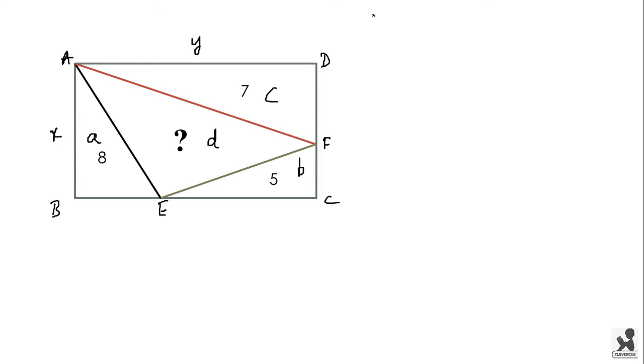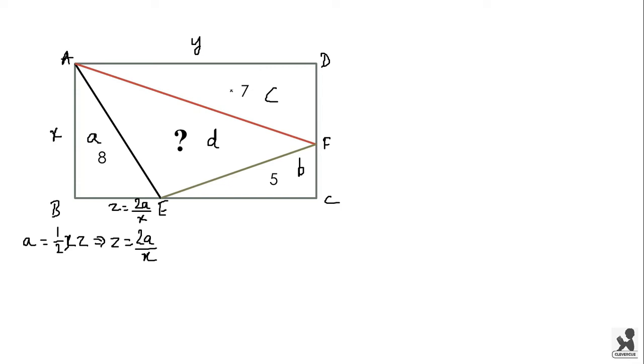So let us see the area of triangle ABE, that is A, is equal to half of the height x into the length of BE, let us assume it as z, half x into z. We get the value of z as 2a by x.